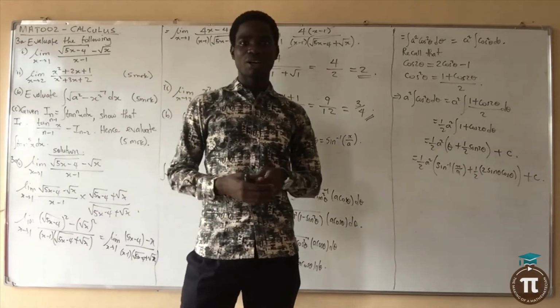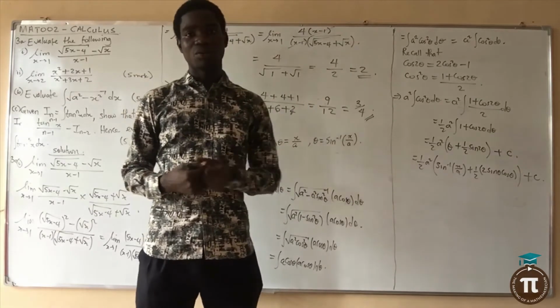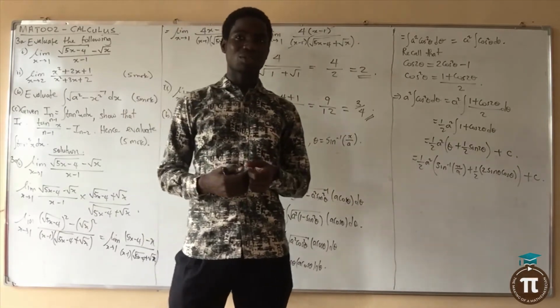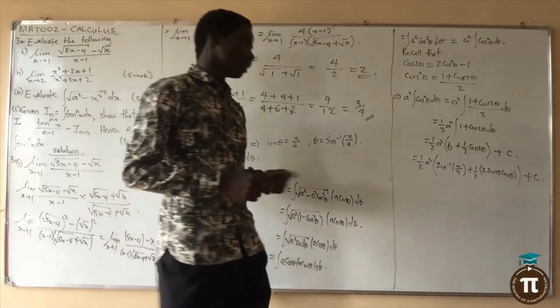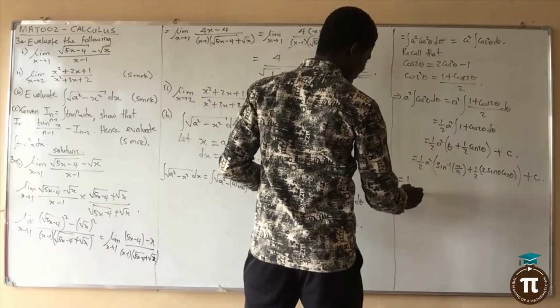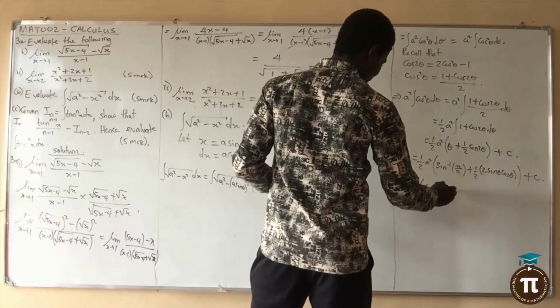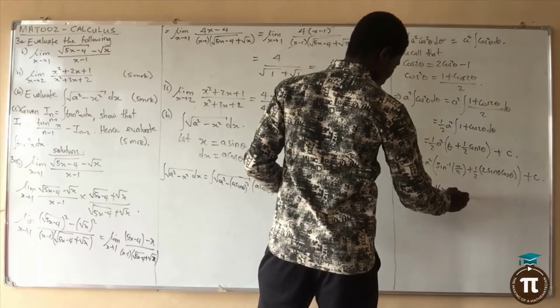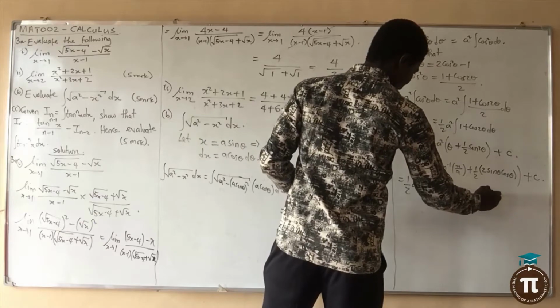Trigonometry is very helpful and very useful while dealing with integration, both differentiation and integration, but integration particularly, and limits. Now, the 2 we cancel 2 then. I have 1 over 2 a squared, arc sine of x over a plus sine theta cos theta actually plus c.